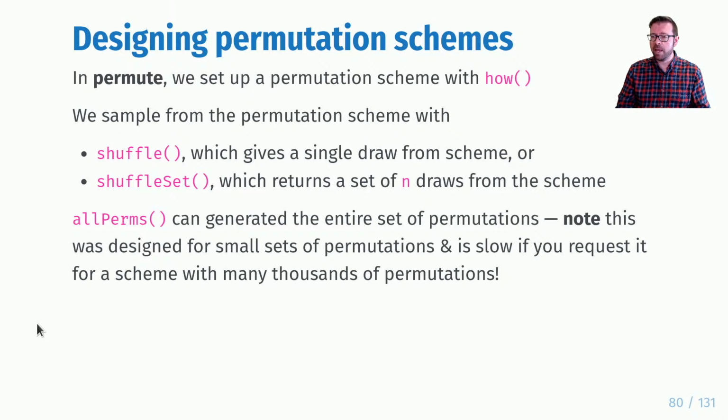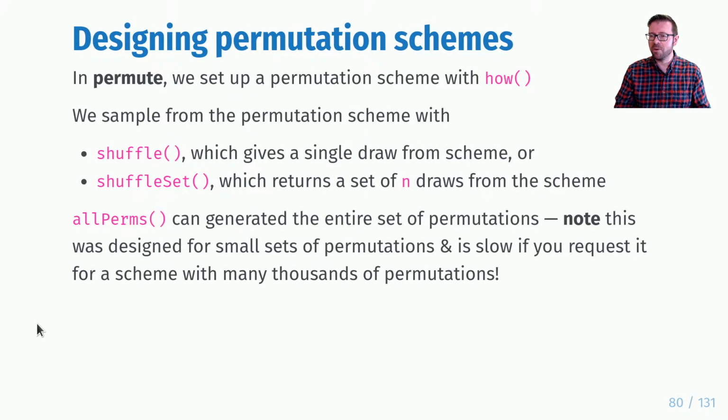So there's an argument n. If you want 10 or 20 or 100 or whatever, shuffleSet will give you back that set of permutations, so you only need to call it once. And if you want to get all of the possible permutations for a particular scheme, you can use the allPerms function. Now this was designed for these relatively small data sets in ecology.